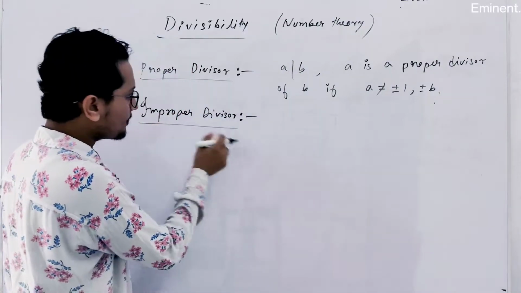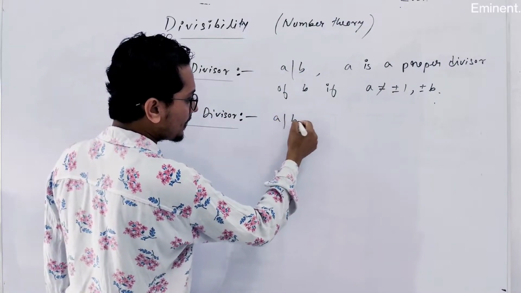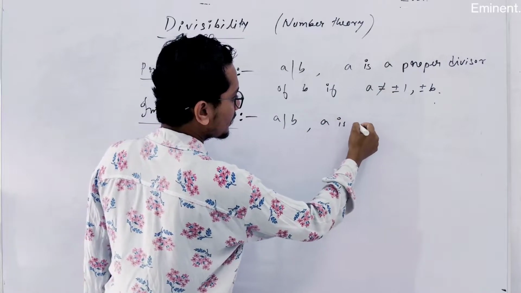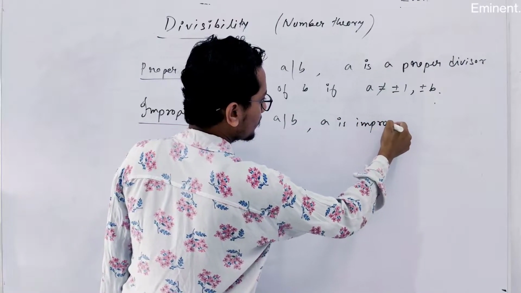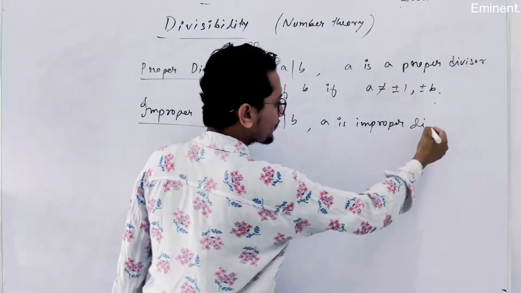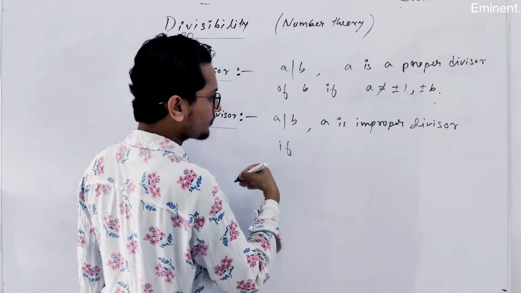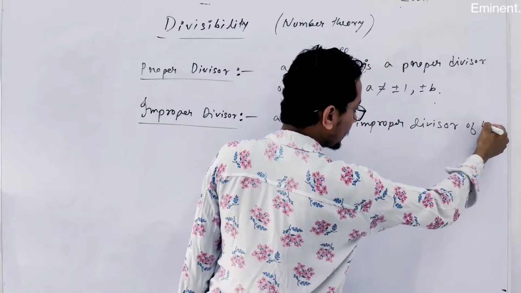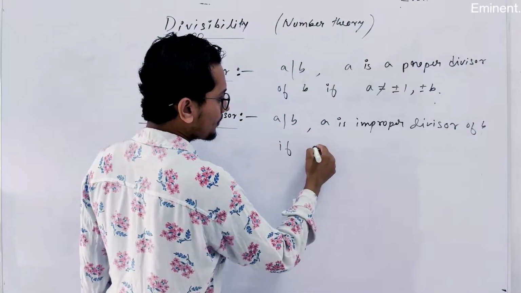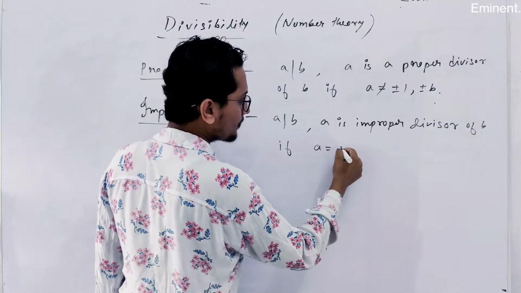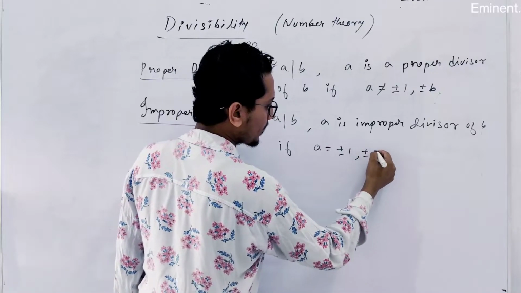Okay, and improper divisor: a divides b, a is an improper divisor of b if a equals to plus minus 1 comma plus minus b.